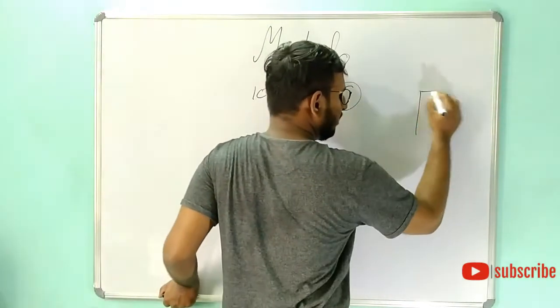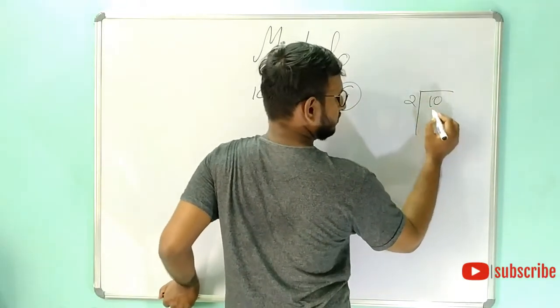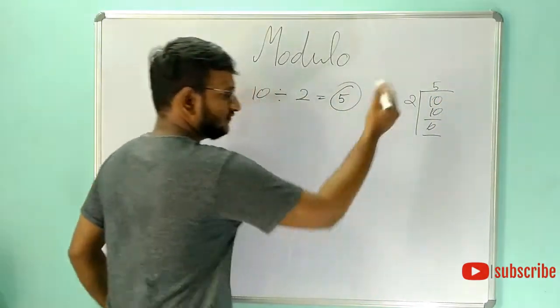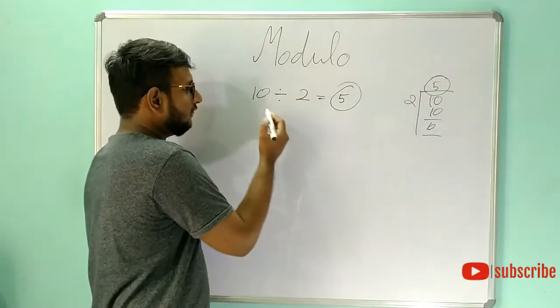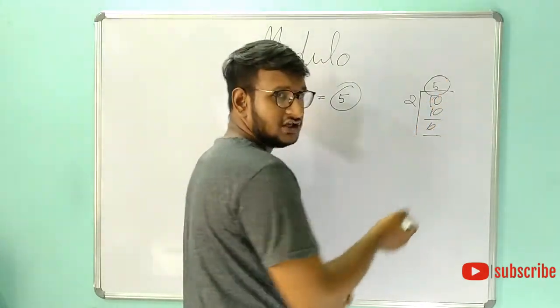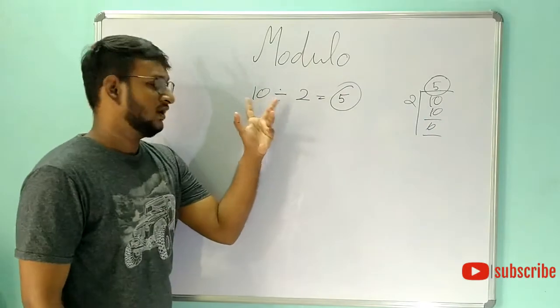Value 5 is nothing but the quotient, that is 10 divided by 2, 10 fives are 10, right? So the output of 10 divided by 2 is 5, which is the quotient of the division between 10 and 2.